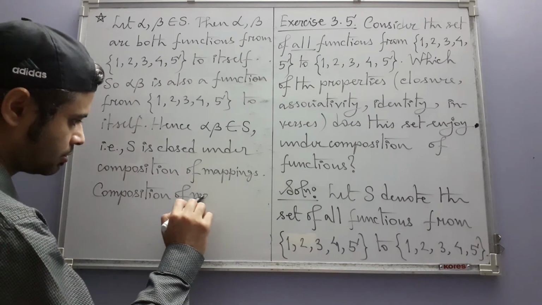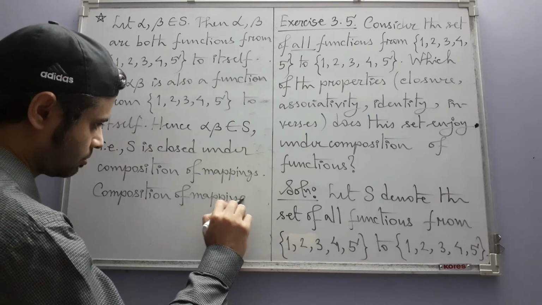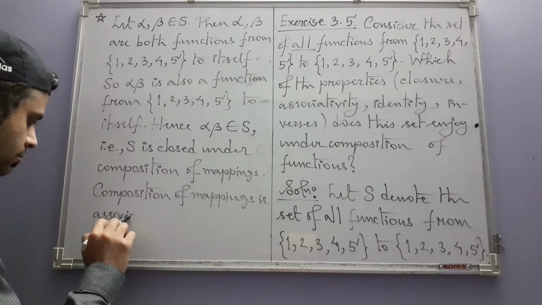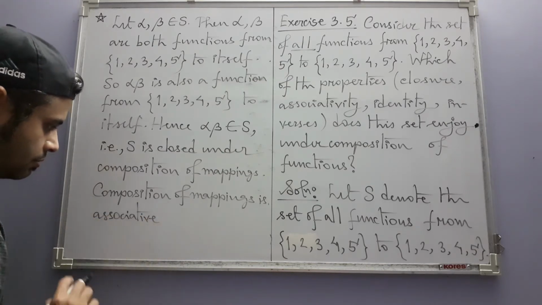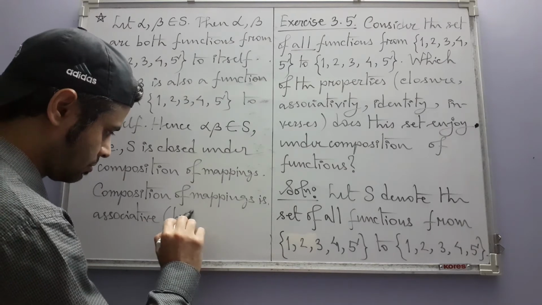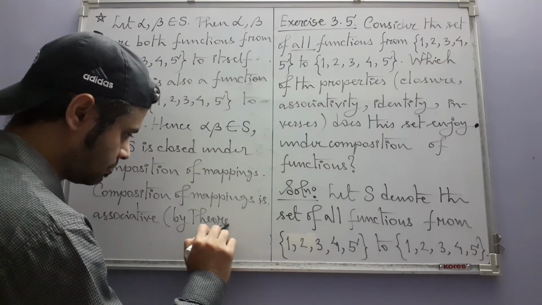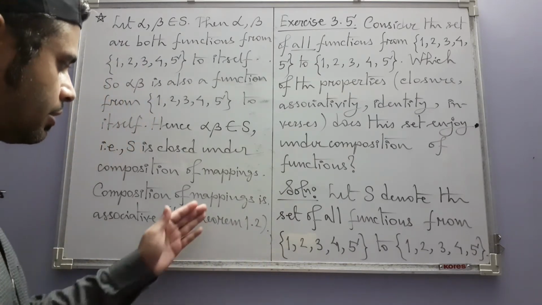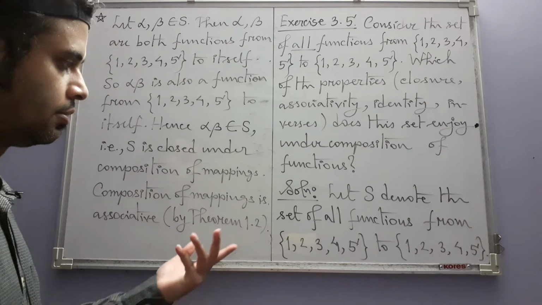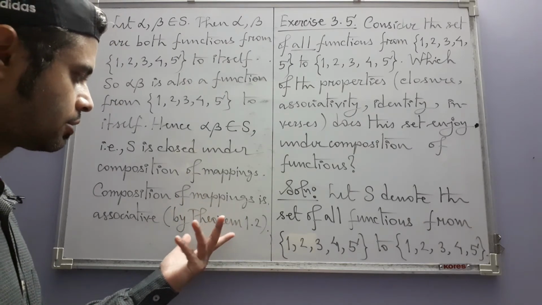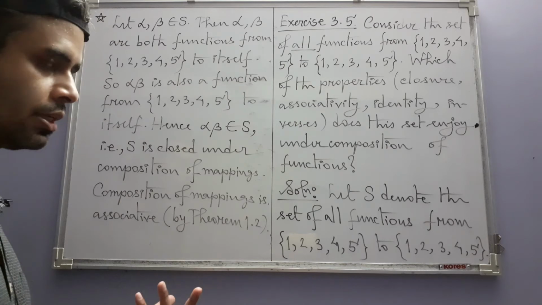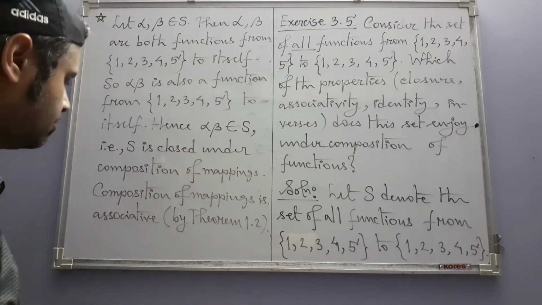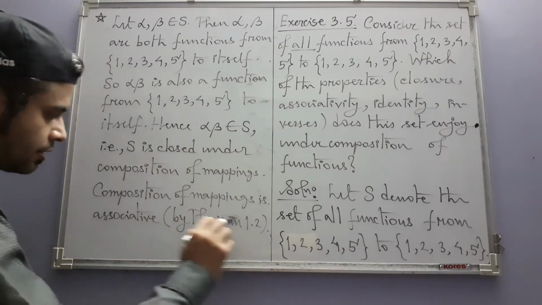Composition of mappings is associative by theorem 1.2, and this fact in fact does not depend on the type of the mappings. True, we use it for permutations, but it is in general true. You recall the statement of this theorem.